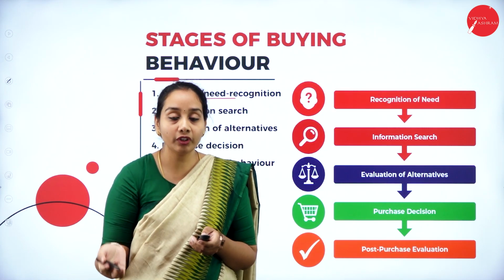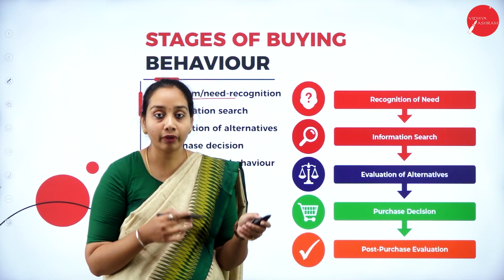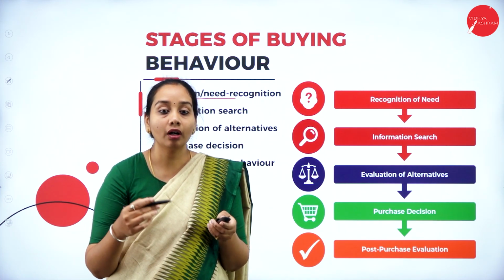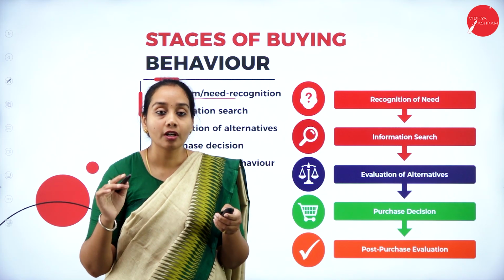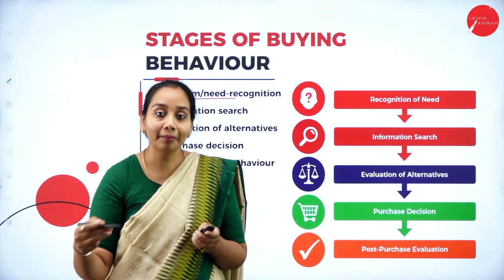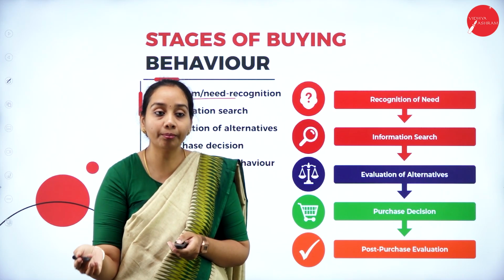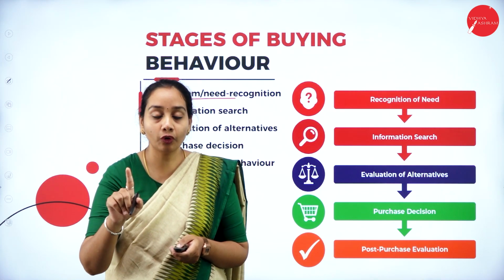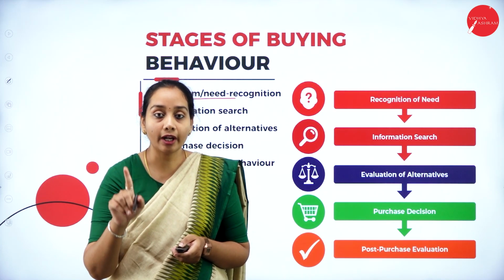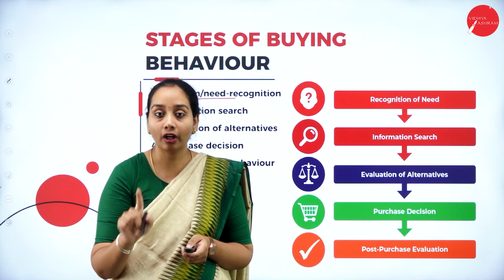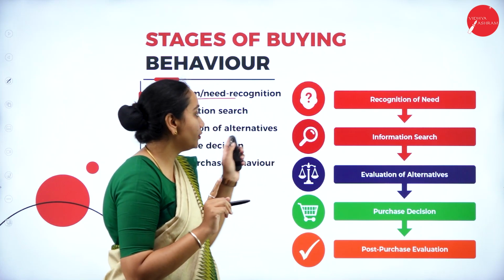For that you need a vehicle to commute from one place to another. So you need a proper vehicle with you. So there arises the problem, there arises the need. The foremost thing when you are going to buy a product is to understand what the need or want is. So that is the first one.